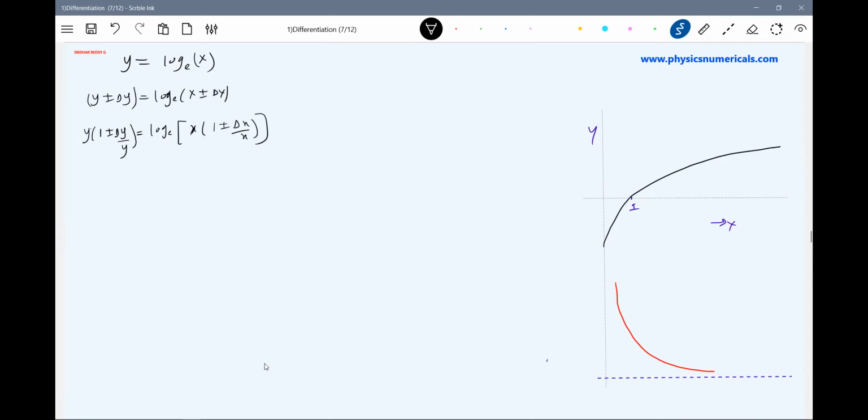Okay, this will become y is equal to, so this is log a plus log b. This will become one term, this will become another term. Log ab, what can you write? Log a plus log b.